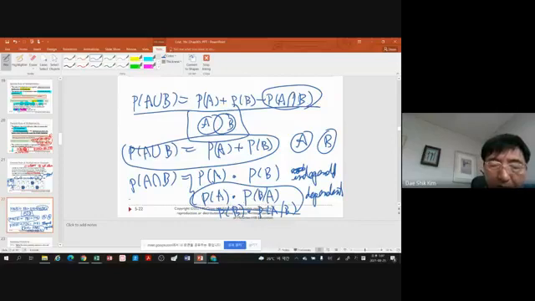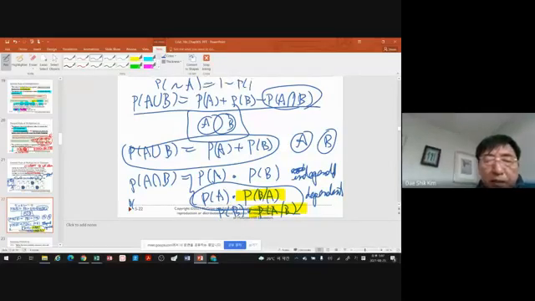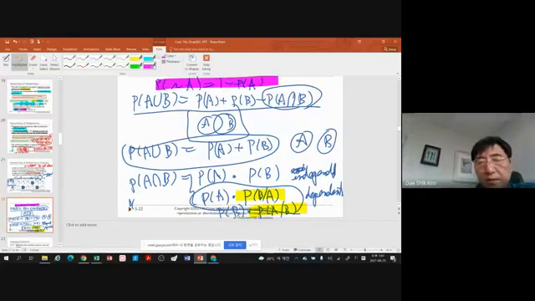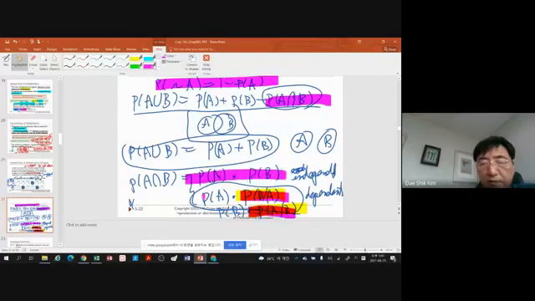So P(B given A), this part is called conditional probability. You need to understand these two formulas correctly. Another one is P(not A) is 1 minus P(A). Okay, you need to understand clearly about this one, what is included and what is not included.